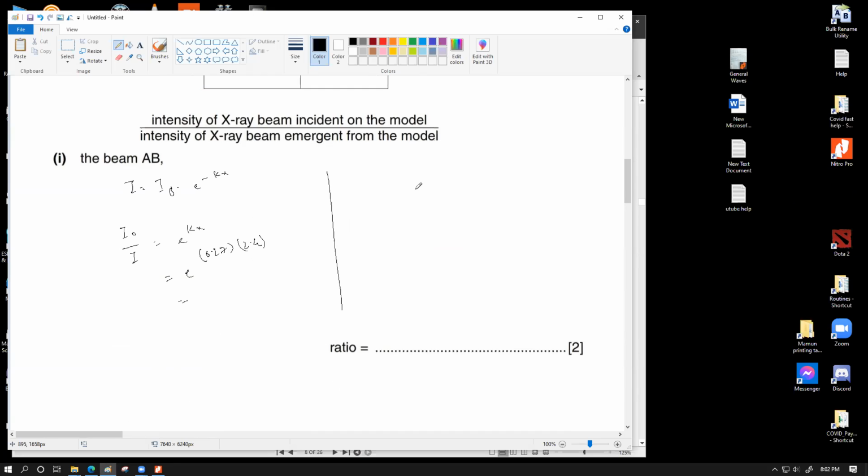Help me out. Sir, 1.91. Someone else confirm this. Is it correct? Yes, sir, 1.91. Yes sir, that's correct. All right. So this was pretty simple.